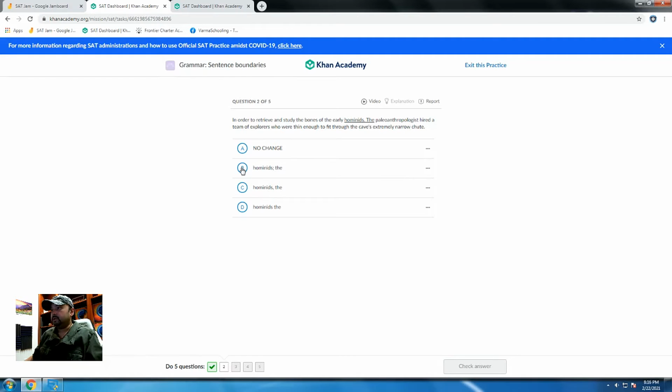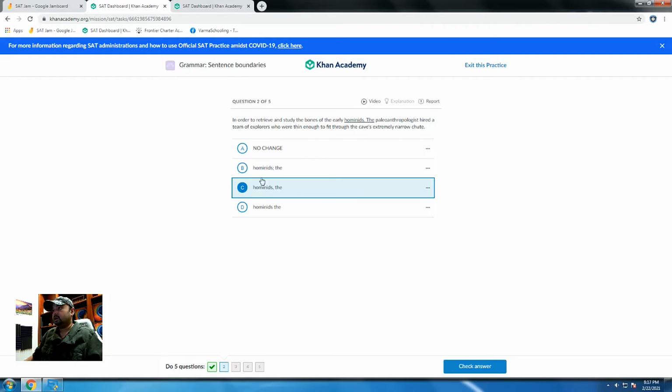So it could be either B or C, because this whole thing is a complete sentence as well. "The paleoanthropologist hired a team of explorers who were now..." It's a complete sentence. So a comma separates a fragment from another fragment.